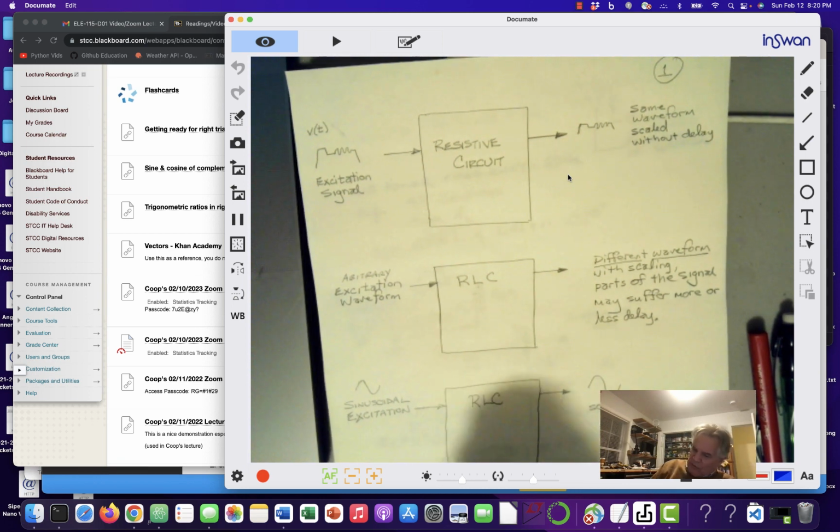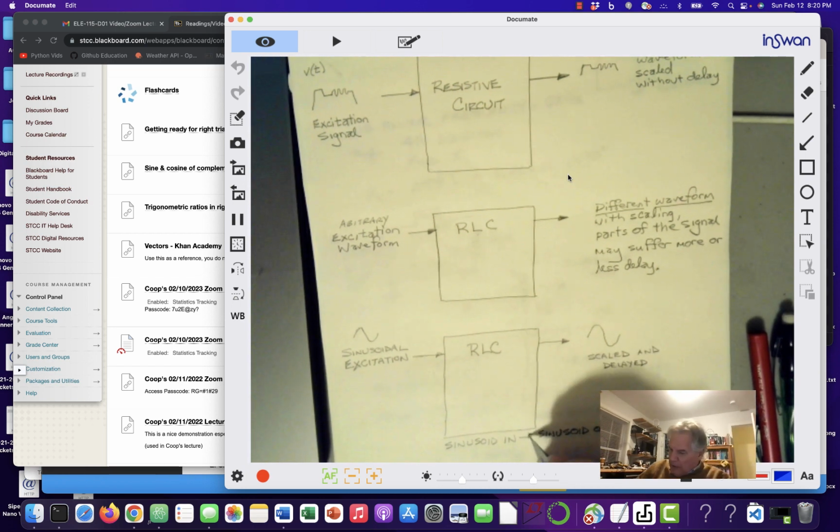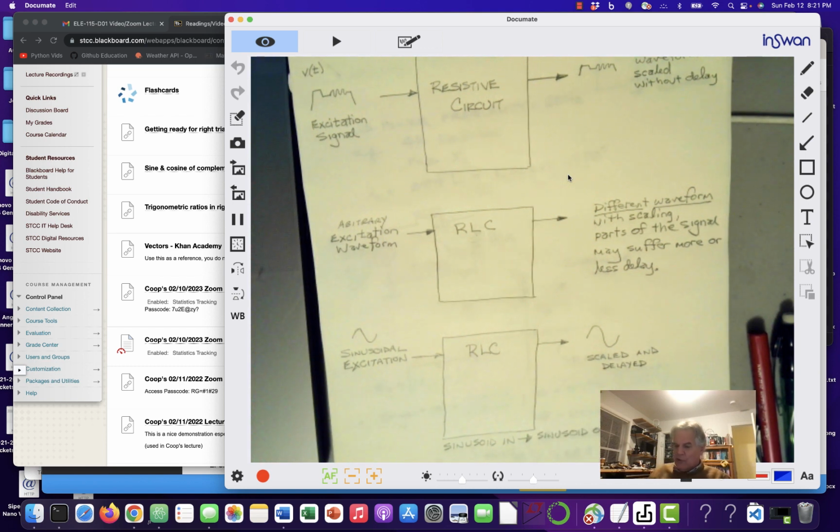So, sinusoid in results in sinusoid out. That's a really cool property. Mathematicians like to refer to the sinusoid, in this case, as an eigenfunction.